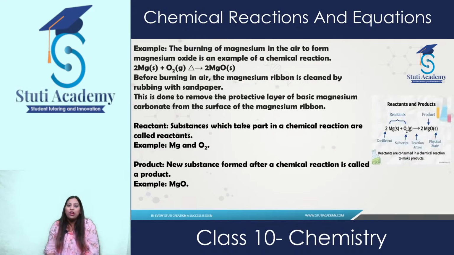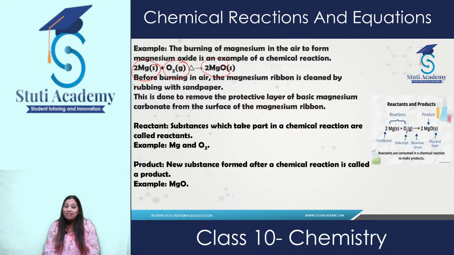And examples of such kinds of reactions are here. As you can see here, when this magnesium ribbon comes in contact with oxygen, it results in the formation of magnesium oxide.